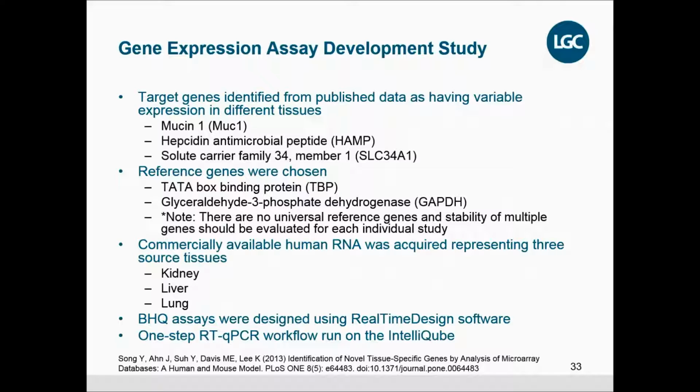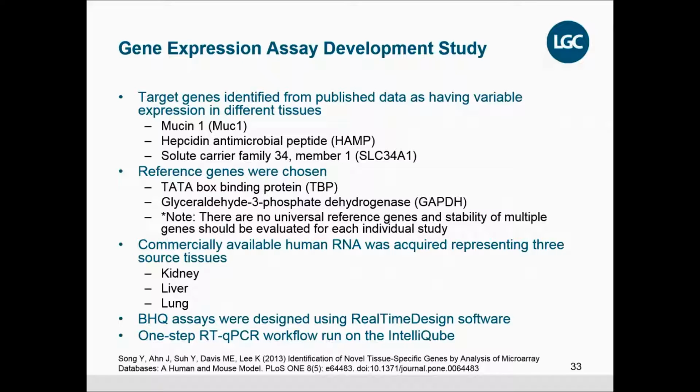So to demonstrate some assay development and multiplexing capabilities of our IntelliQube system with BHQ probes, we wanted to find some relevant targets. So we looked through the data, identified targets that were differentially expressed in various tissues.